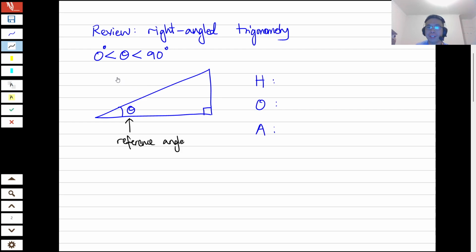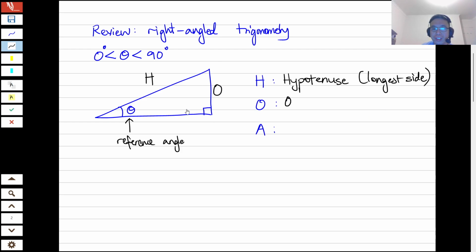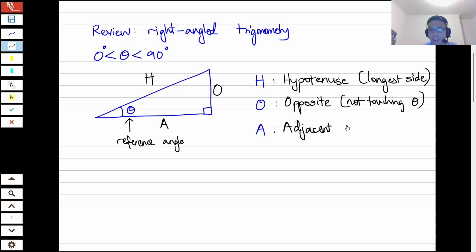We label the three sides of the triangle with respect to this reference angle as follows. First, we label the hypotenuse, which is the longest side, as H. We label the side which is not touching the angle, O, for opposite. And we label the remaining side, A, as the adjacent side.